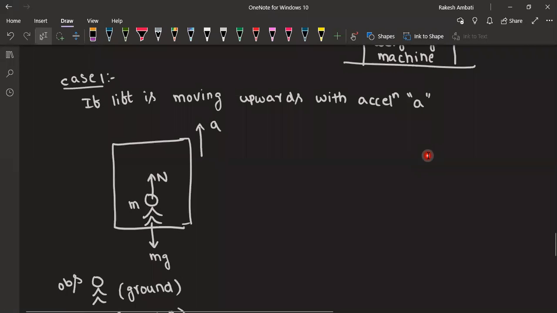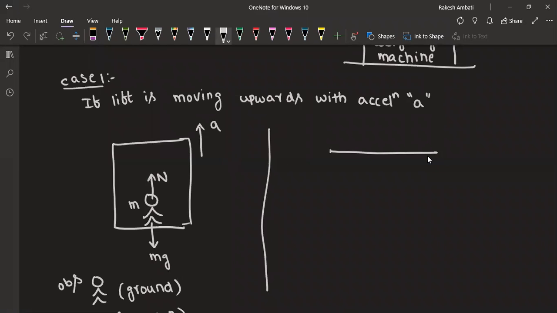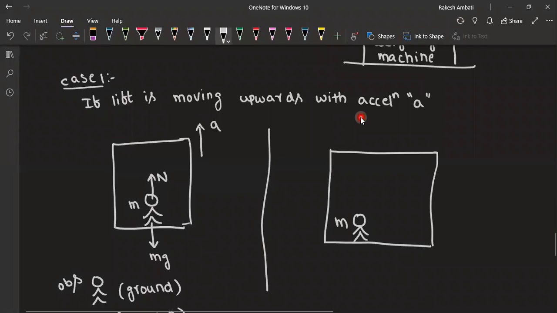Now the same question, I'm doing by using the non-inertial frame of reference. So here we have a lift. What is the other name of non-inertial frame? Accelerated frame. So here is a man of mass m standing in the lift. The lift is moving upwards with acceleration a.